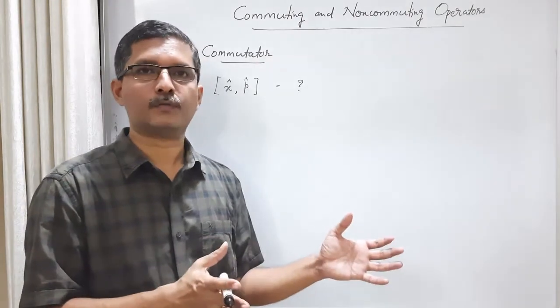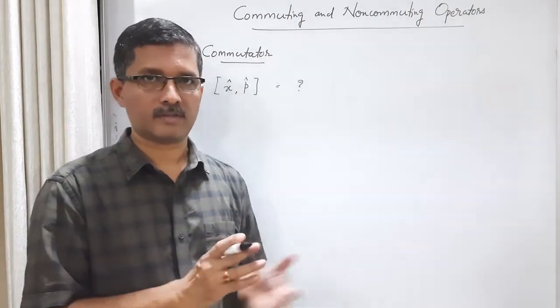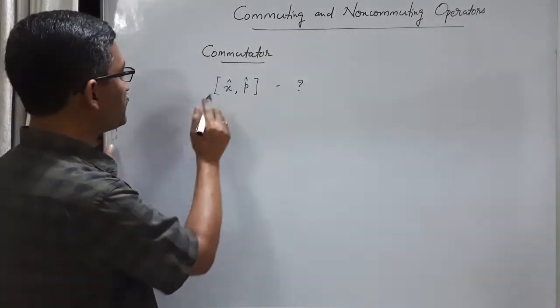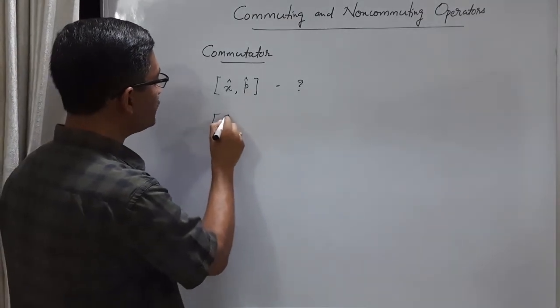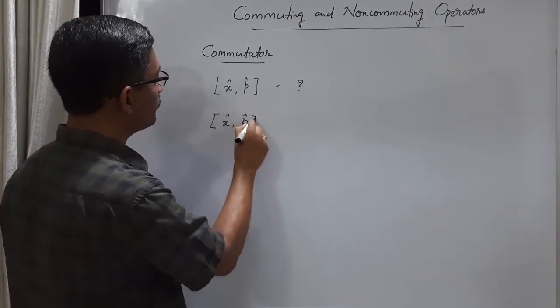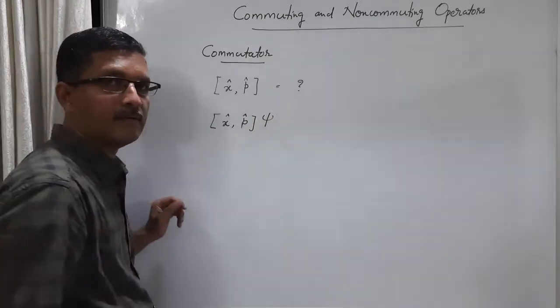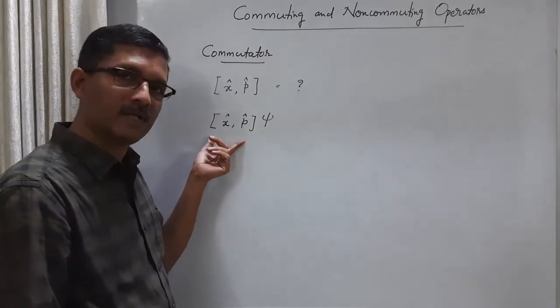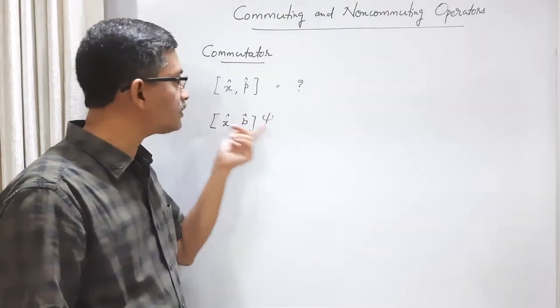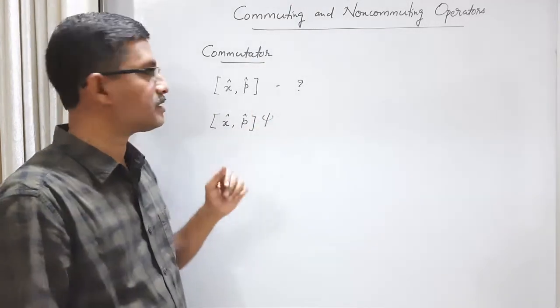So the commutator of two operators is also an operator. In order to evaluate this commutator, we operate this commutator on a general state psi. This commutator is an operator, it acts on a general state psi. Let us see what is the result.